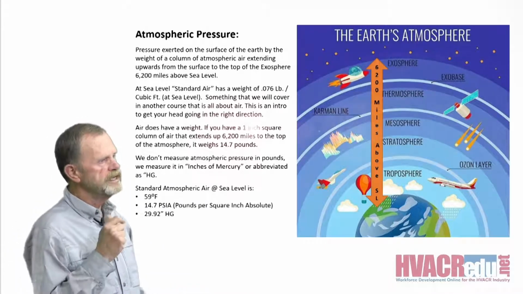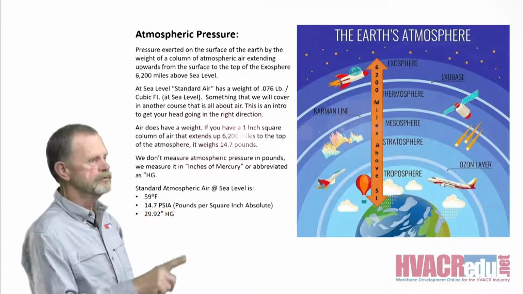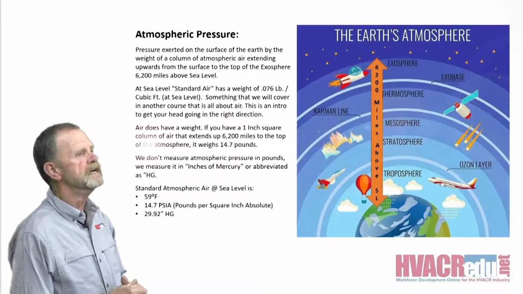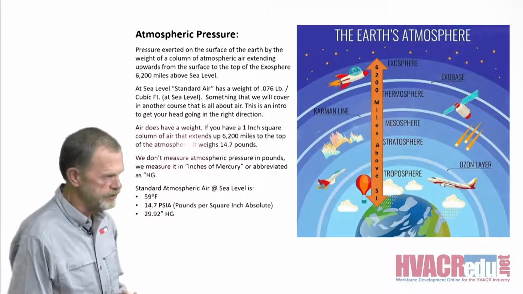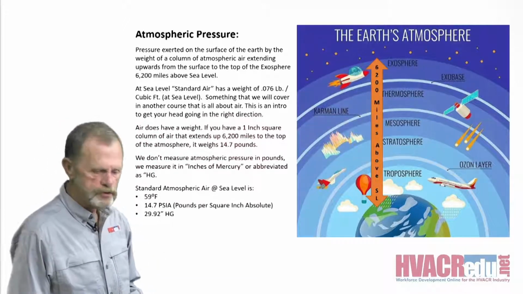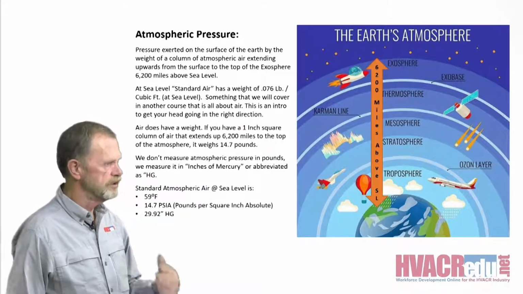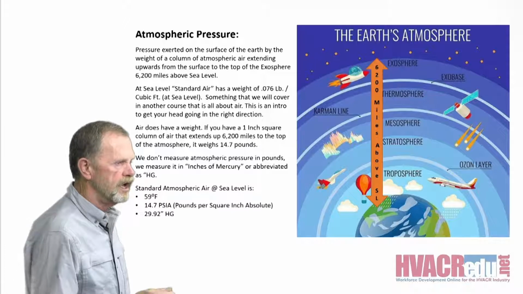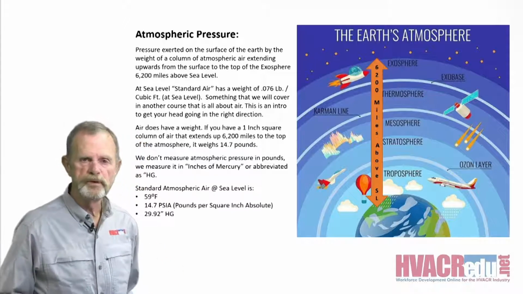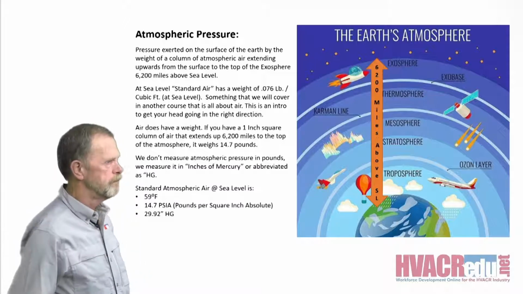If you have a 1-inch square column of air that extends up 6,200 miles to the top of the exosphere atmosphere, it will weigh 14.7 pounds. So, 1 square inch surface at sea level on the planet Earth, if you could weigh it, would be 14.7 pounds. And there are ways to weigh it, by the way.